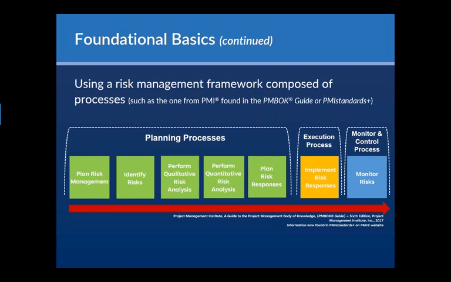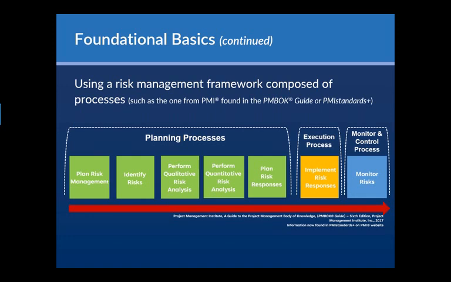So you have in here 5 planning processes. Yes, planning of risk is the major load of work that you're doing. And then you have execution and the monitoring and control process, where you're monitoring. So back and forth, back and forth, back and forth. We said this was going to be the risk.